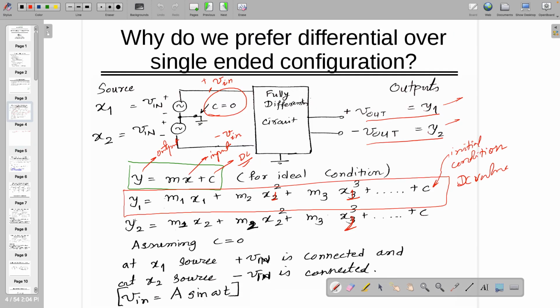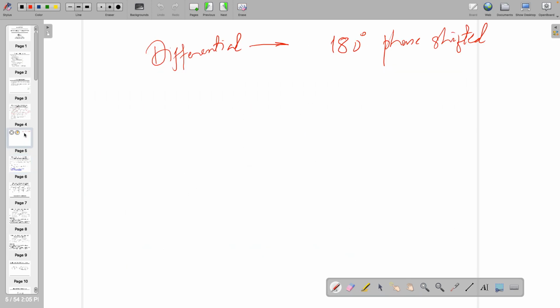So if y1 and y2 are the two outputs, then to take them differentially with each other, they will also be 180-degree phase shifted to each other, as you are giving 180-degree phase shifted input. So if you are looking at this y1 and y2, you have to subtract them. So what's going to happen in that case?